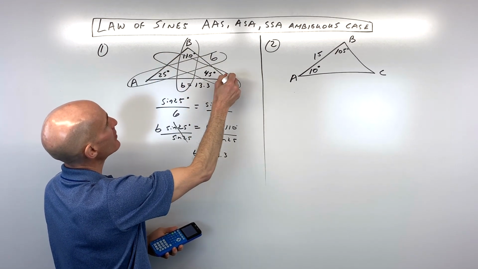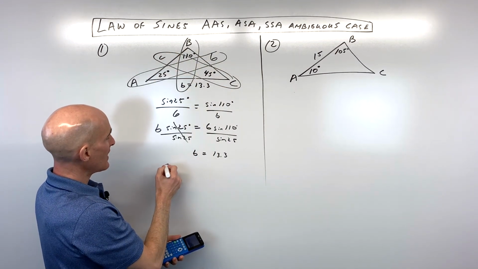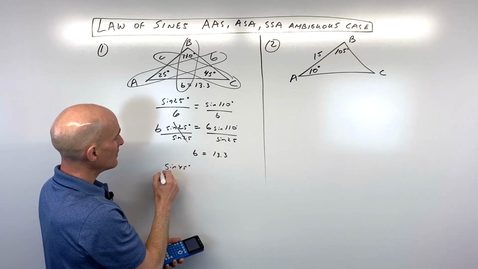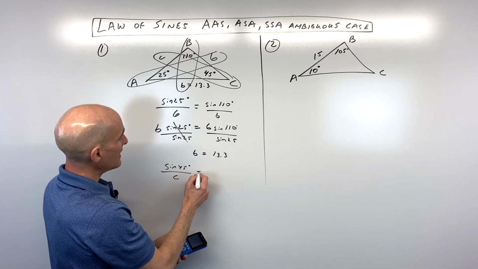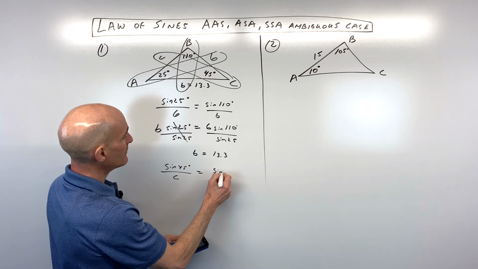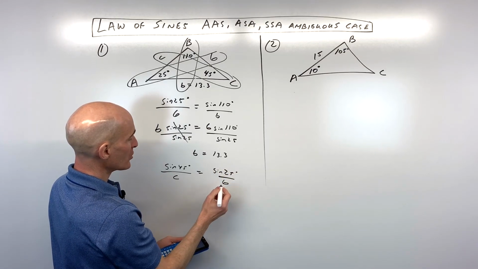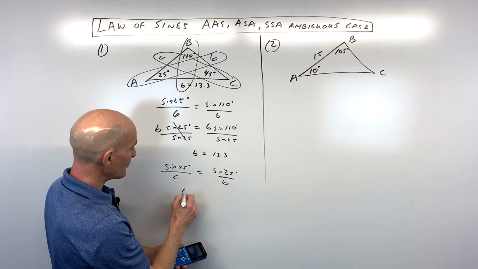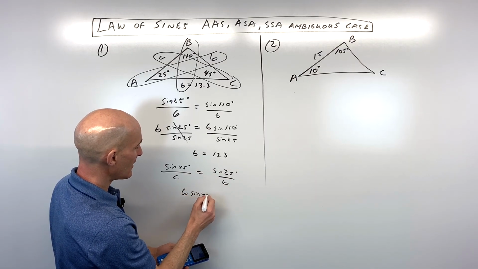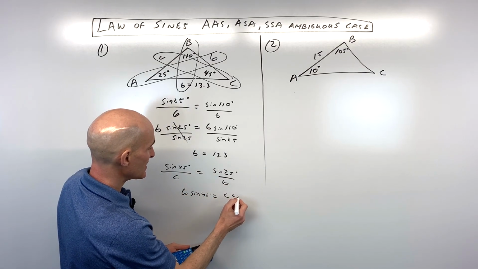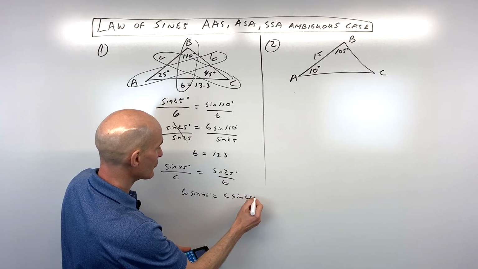See how that makes like a pair? So let's see, for side C, we've got sine of 45 degrees over C is equal to sine of 25 degrees over 6. So you just want to make a proportion. Cross multiply again, we've got 6 times the sine of 45 degrees equals C times the sine of 25 degrees.